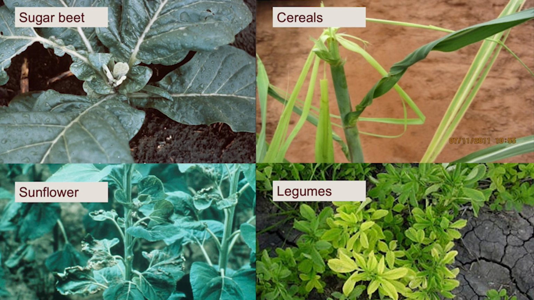If we look at a range of different cultivars, and we have here sugar beet, sunflower, legumes, and cereals, focusing first on the sunflower, sugar beet, and cereals, one of the effects you see in vegetative boron deficiency in most crops is this deformation of the leaf, as if the leaf itself cannot properly expand. And it's particularly prevalent, as seen in sugar beet and in this case sugar cane, in the apical meristem, the top of the plant.